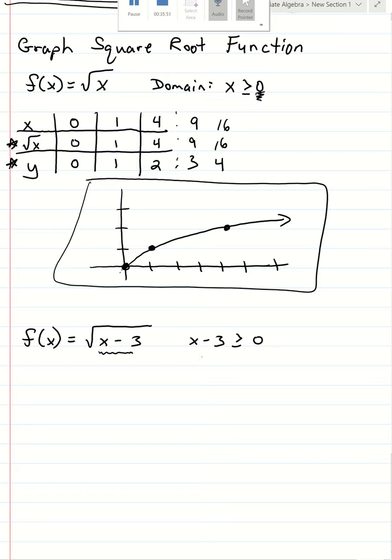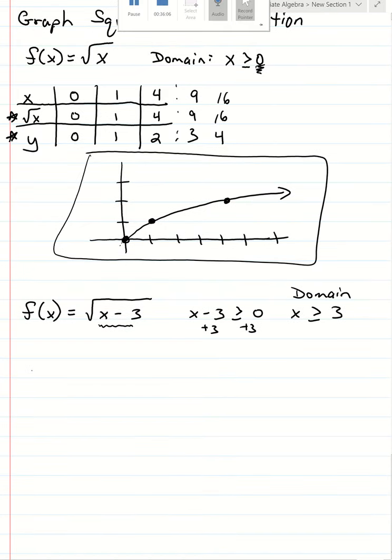To solve, we'd have to add the 3 over. And so x, we know, has to be greater than or equal to the number 3. That is your domain. That will help us form the graph. Next, we'll make a table. We have the x row. I'm going to have the rule, the square root of x minus 3. And then I'm going to have my third row, which is just, of course, y.